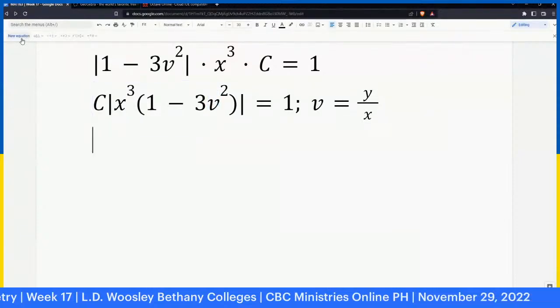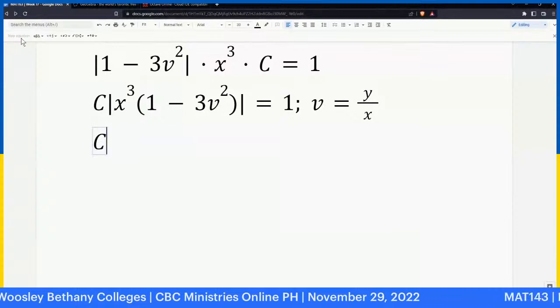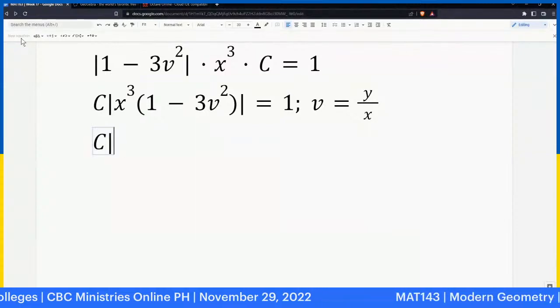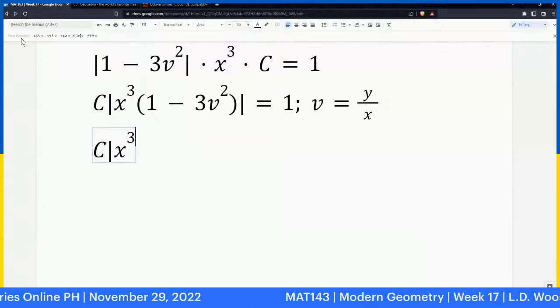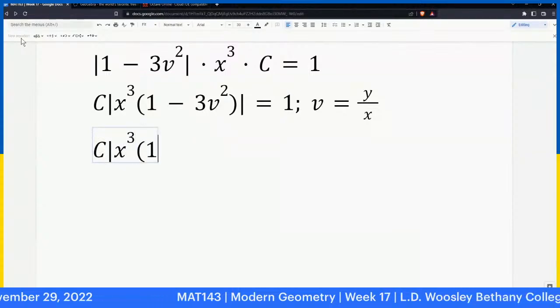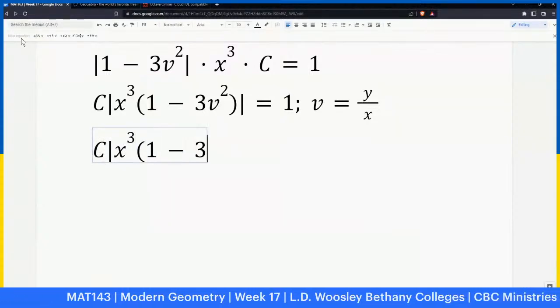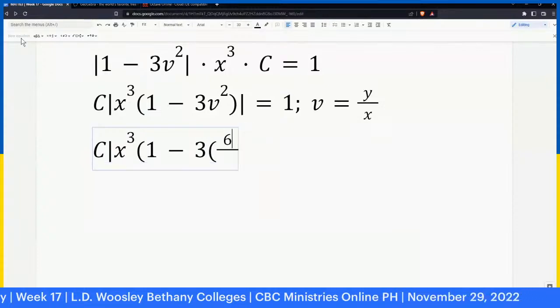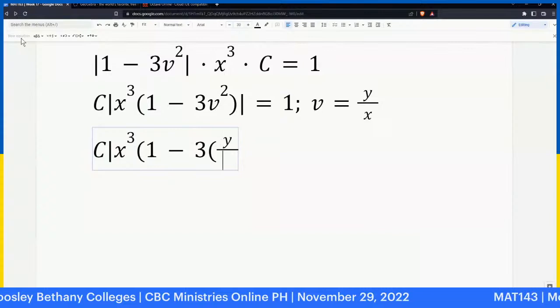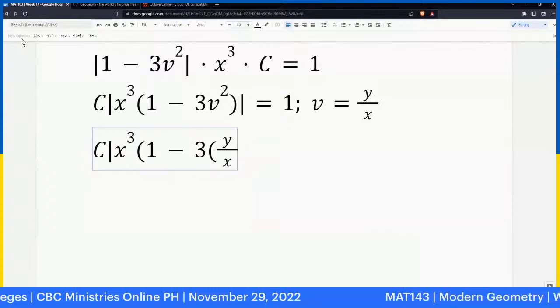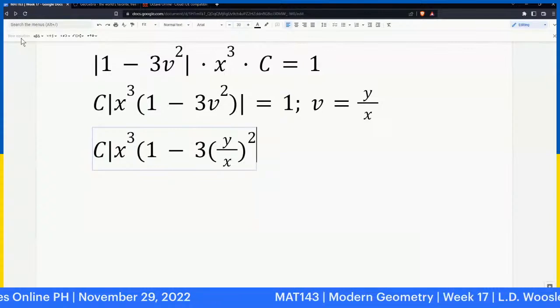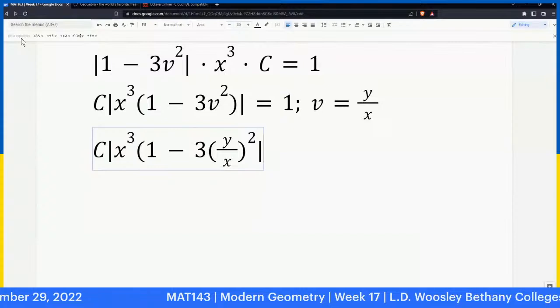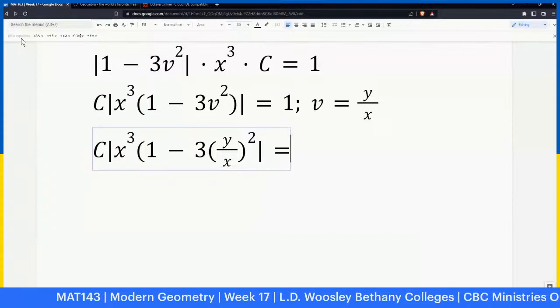So, anong lalabas dyan? So, you have c x cubed of 1 minus 3 multiplied by y over x squared, okay, is equal to 1.